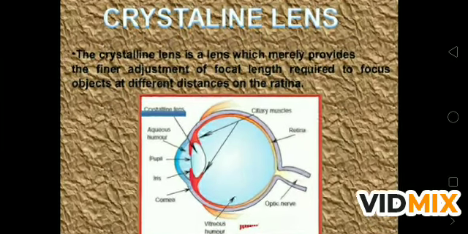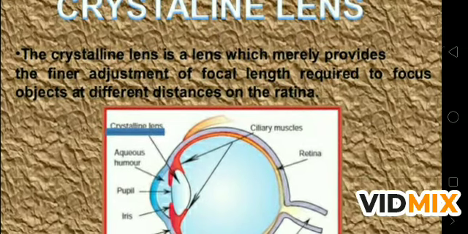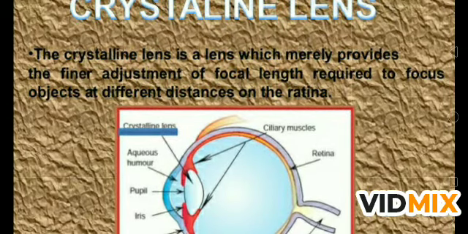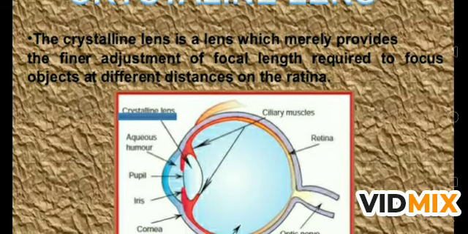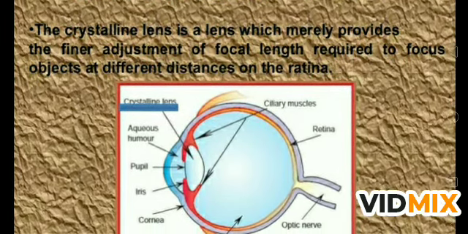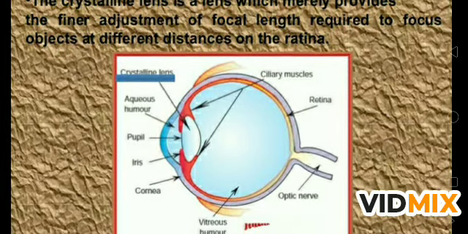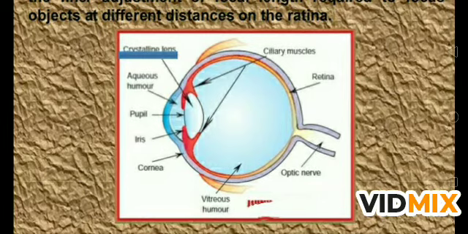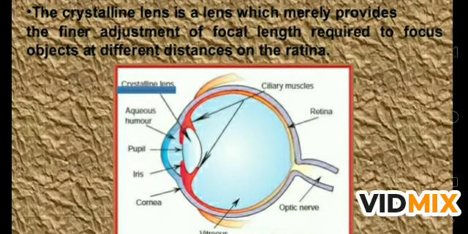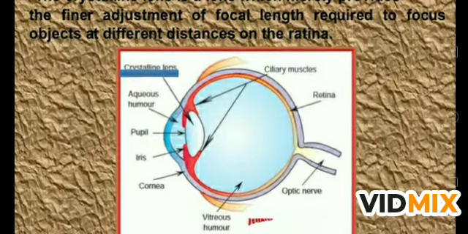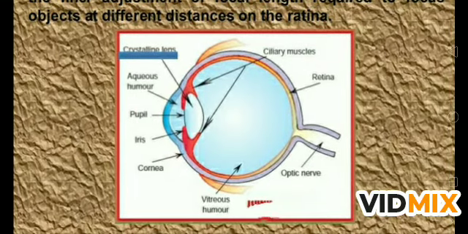Now what is crystalline lens? The crystalline lens is a lens which merely provides the finer adjustment of focal length required to focus objects at different distances on the retina. Means the lens is a part of the human eye which receives the light rays and converges them on the retina to form the image.